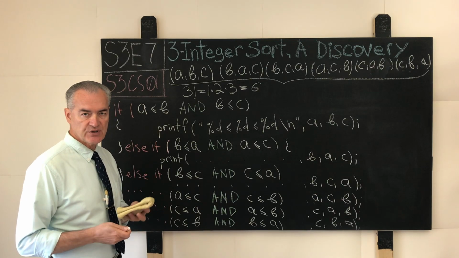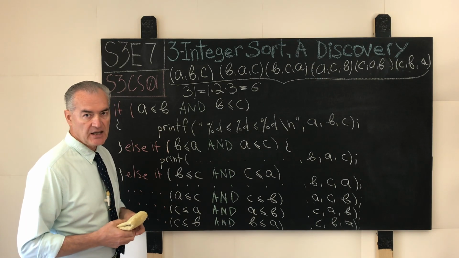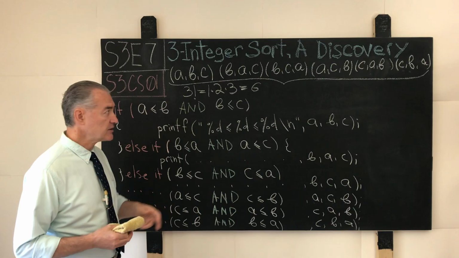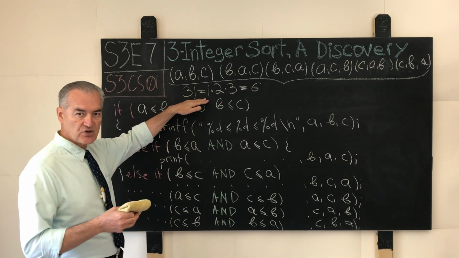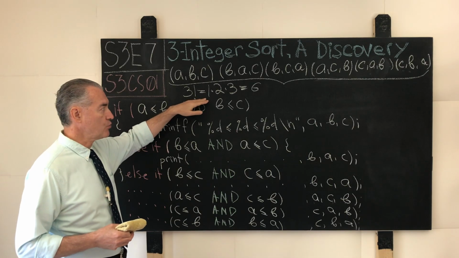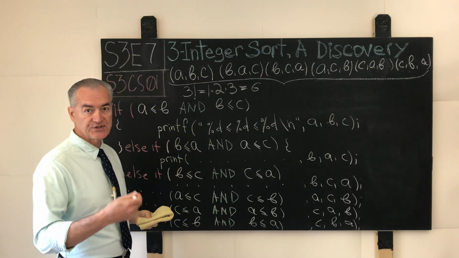In this case, we treat the given integers A, B, C as 3 distinct items. And that means that these 3 distinct items can be arranged in an order sensitive fashion in a straight line in 3 factorial, or 1 times 2 times 3, 6 distinct order sensitive ways.